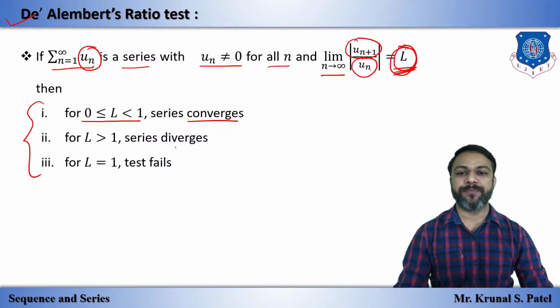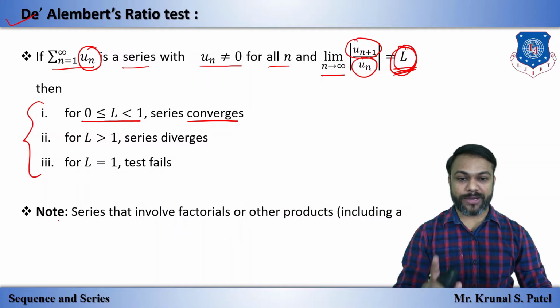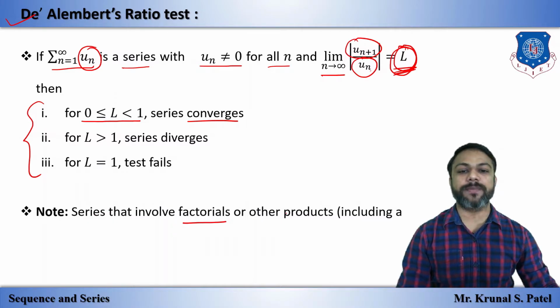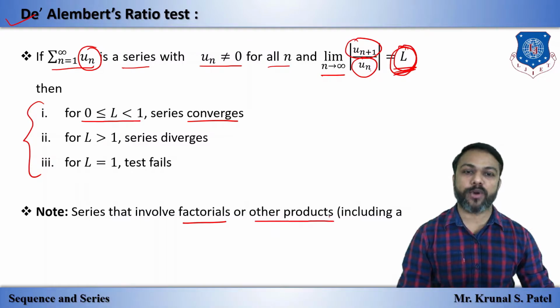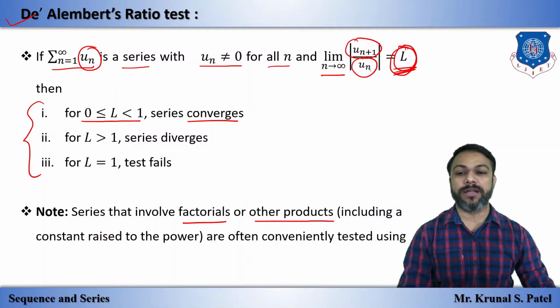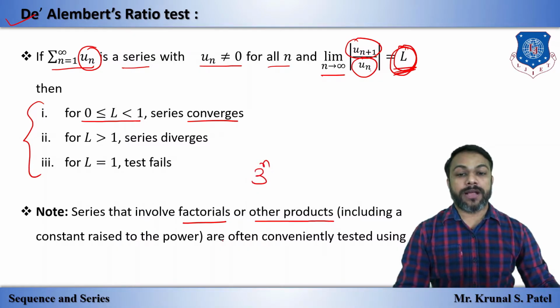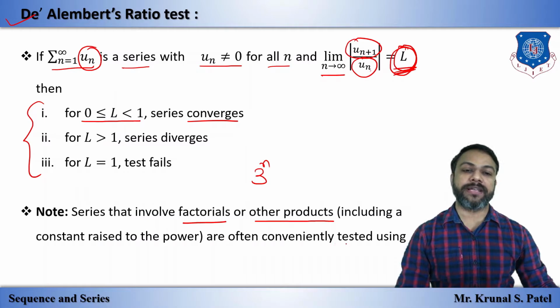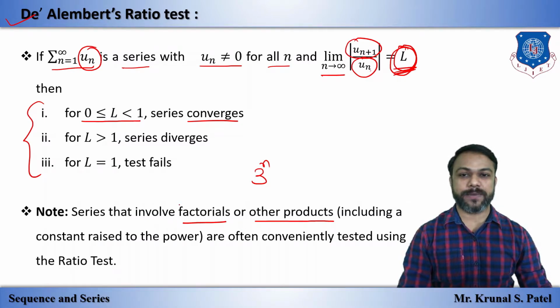This is simple. You have to remember that series involving factorials or products including a constant raised to a power, like 3 raised to n or anything, are often conveniently tested using the ratio test.